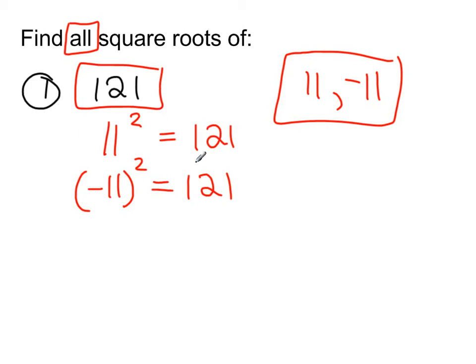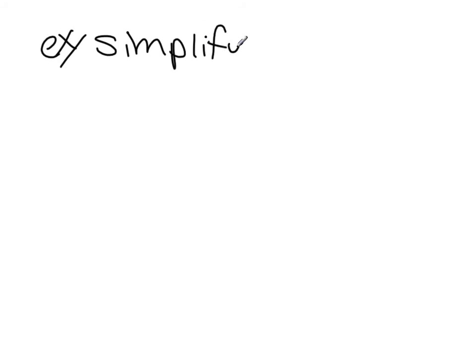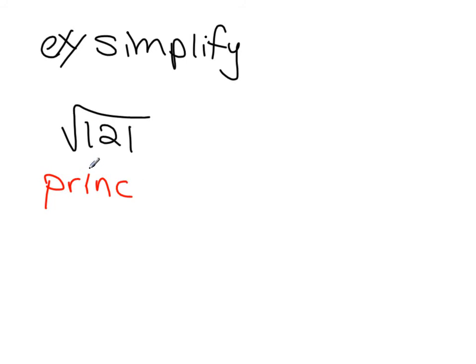Now, because that's a little complicated, usually we'll ask questions where we'll give the vague direction, simplify. And you will have the square root of 121. This is called the principal root.